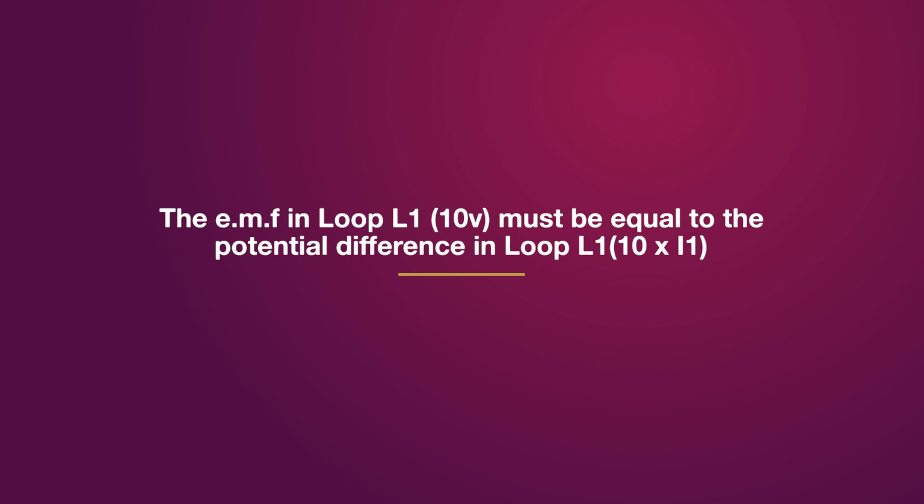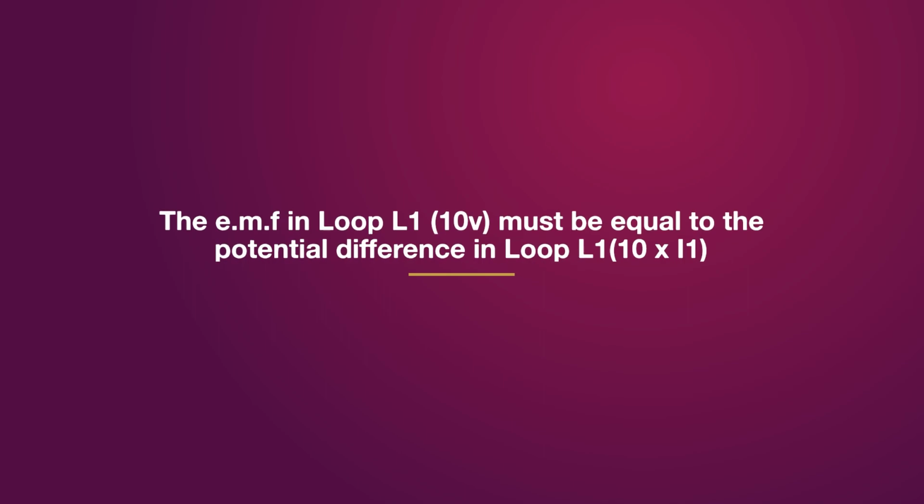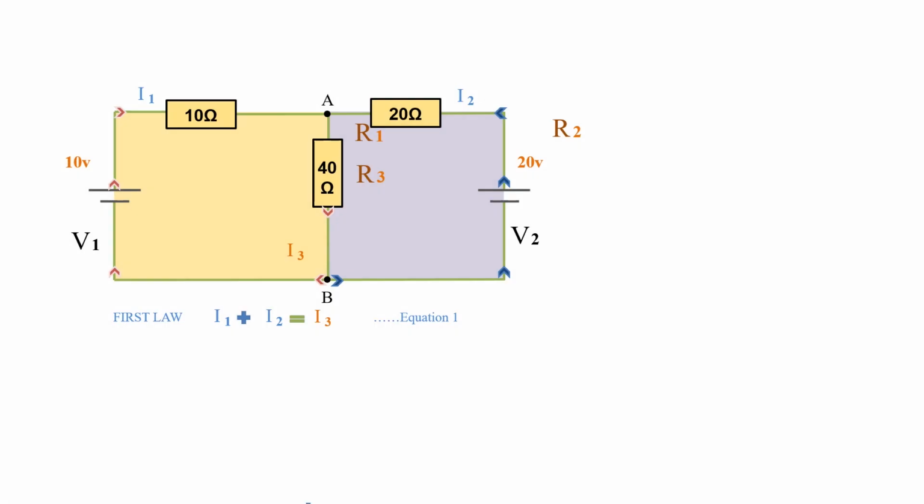So we have R1, resistor 1, 10 ohms, and current through it. So there is a potential drop of I1 times 10 ohms, which is 10 I1. Then we have R3, resistor 3 of 40 ohms. The current through R3 is I3, so the potential drop will be 40 I3. So let this be the second equation.